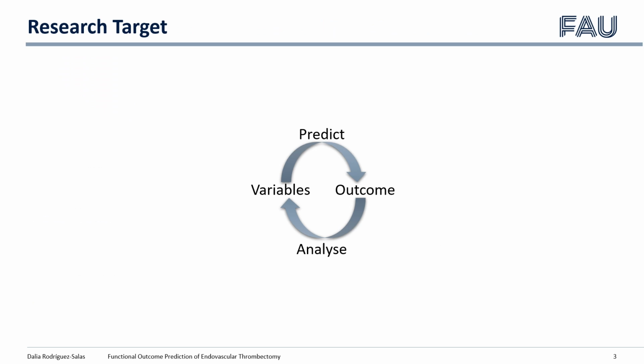The general aim of this research is to use different variables to predict functional outcomes, and from the outcomes, analyze the variable contributions to the predictions. We can make predictions before and after the thrombectomy.